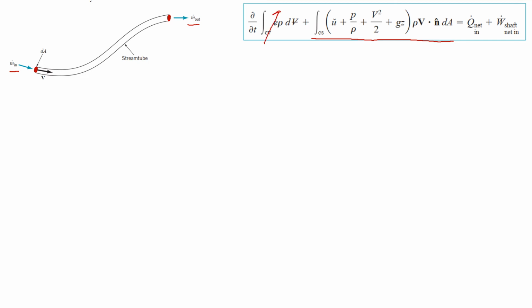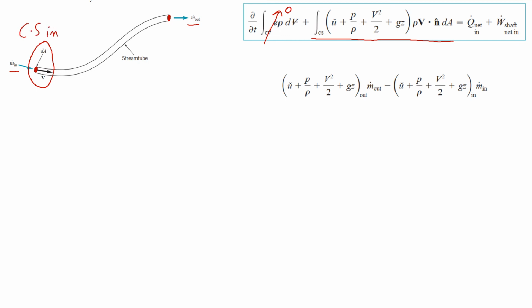Again this will be equated to 0, and now let's write some equations for these two control surfaces. This is what we are going to get if we apply this control surface integral on these two control surfaces, that is the control surface for inflow and the control surface for outflow.